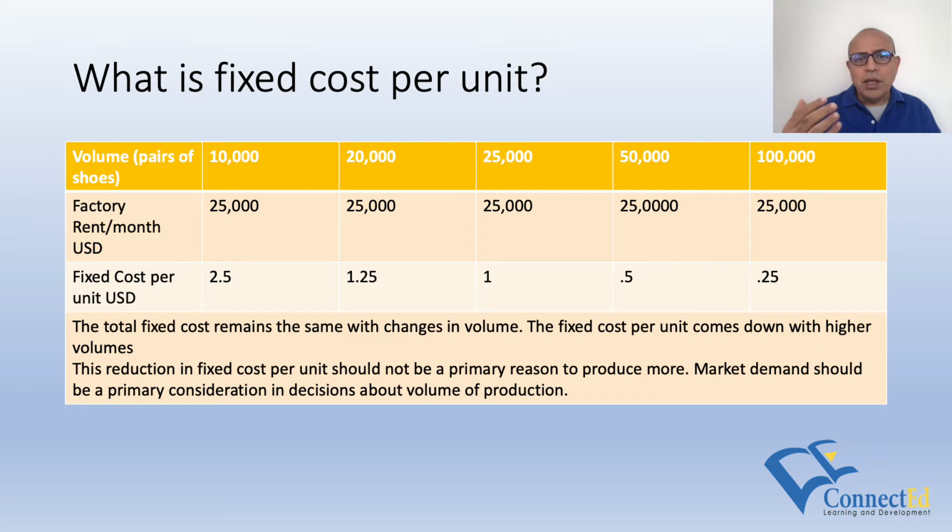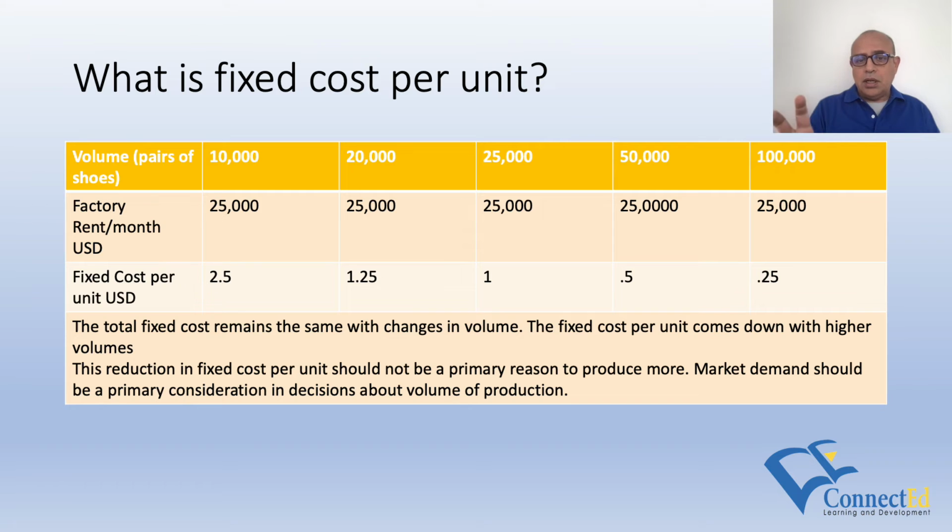It might tempt you to believe that you are reducing the cost, but you're not reducing the cost. You're just increasing the volume of production and thereby reducing the cost per unit. Is that a good reason to increase the volume of your production? Probably not. So the point I wish to make is that increasing the volume of production should very much depend on whether there is a demand for the product, for that volume, right?